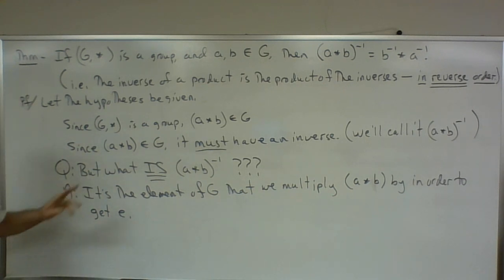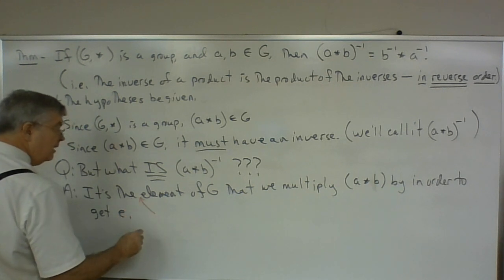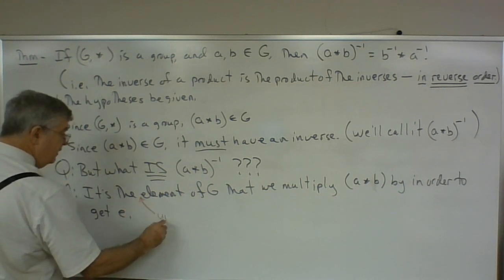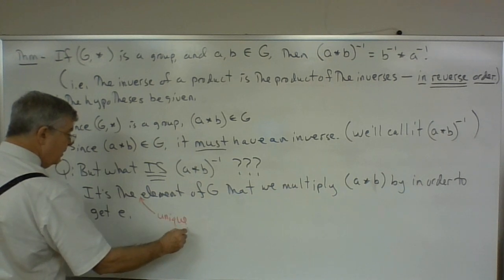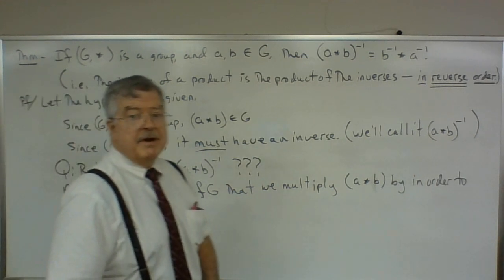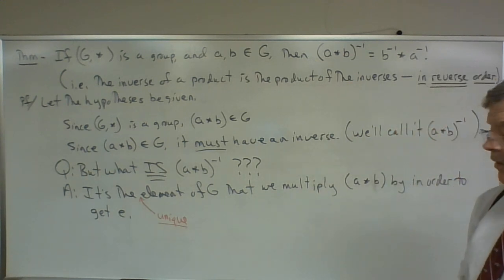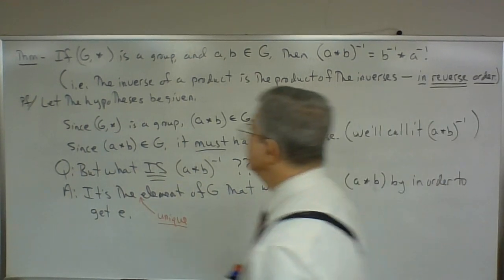So it's the element that we multiply A star B by from either direction in order to get the identity. And I might add, it is the unique element that we multiply A star B by in order to get the identity E. And we've already shown that inverses are unique. So let's put this to the test.